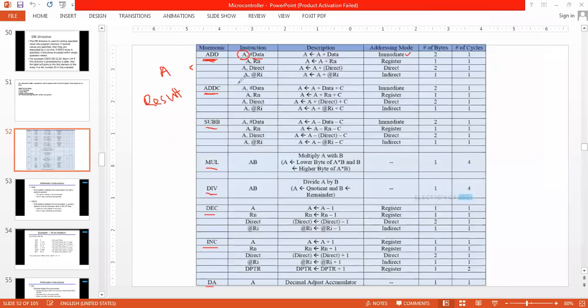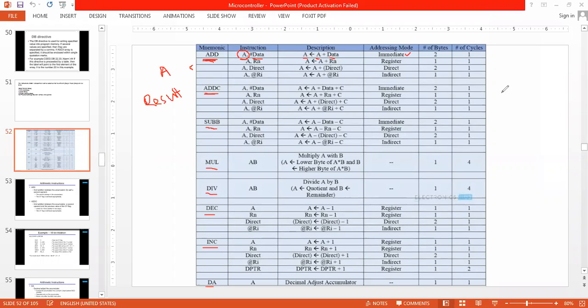The previous value of A will be erased, and the new added value is written into the A register. So in the description, A value plus immediate data is stored into the A register only.